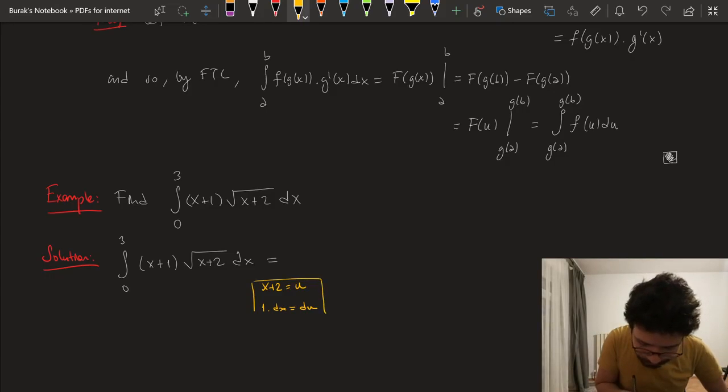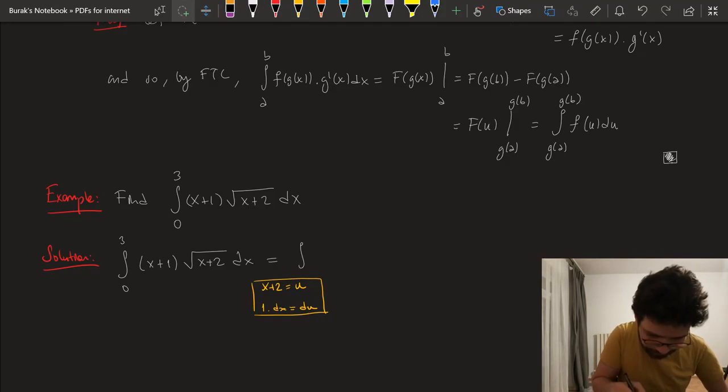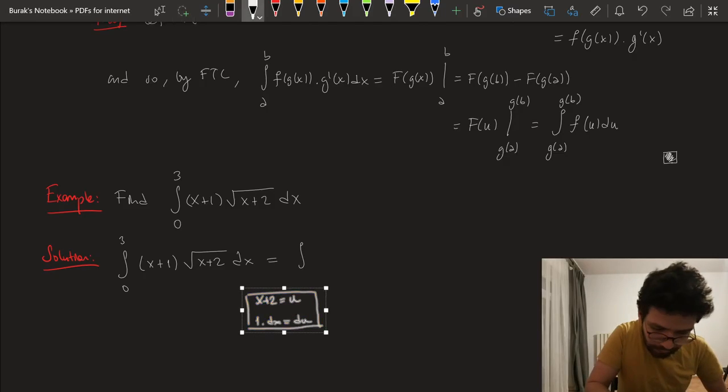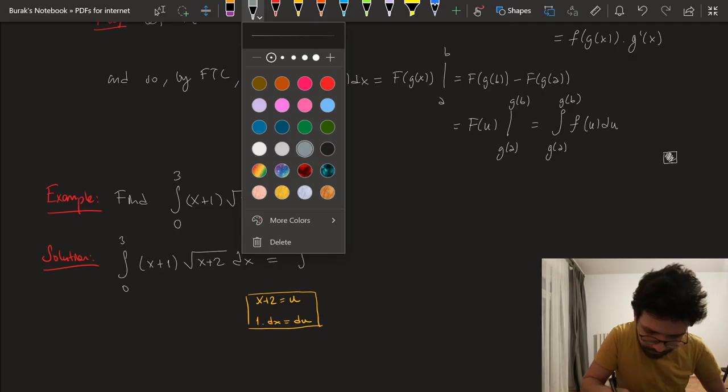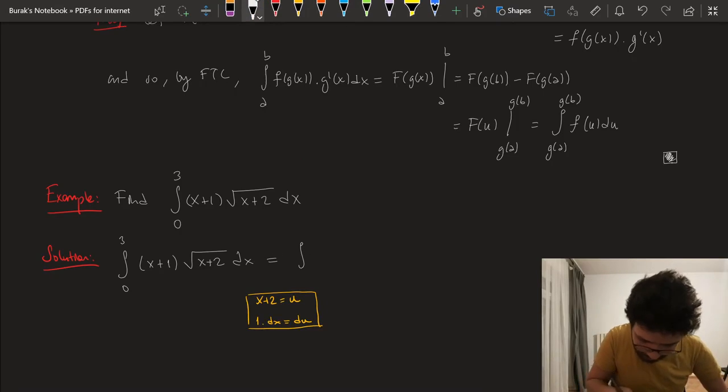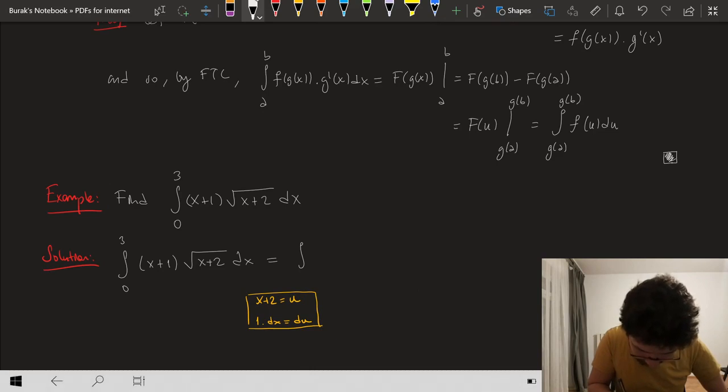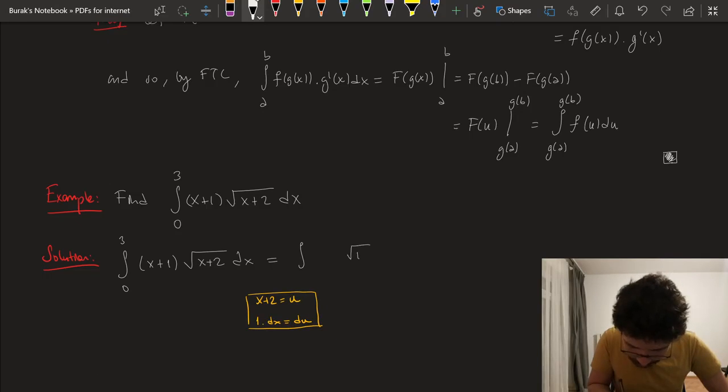So you will have a square root u times the u here.